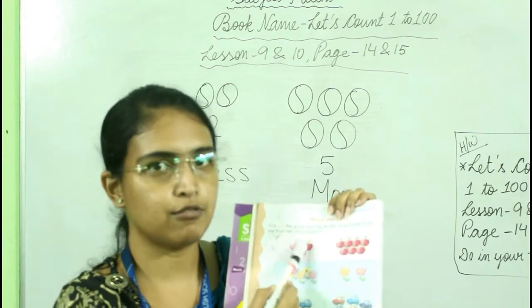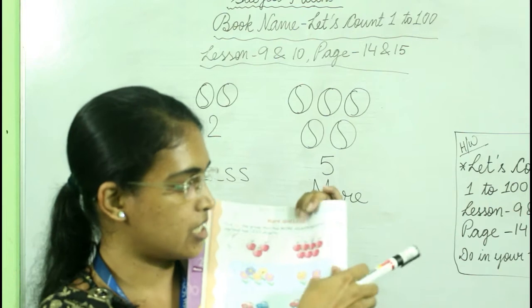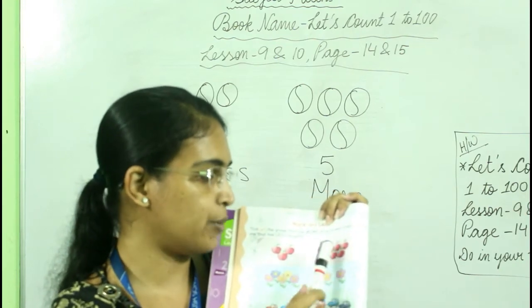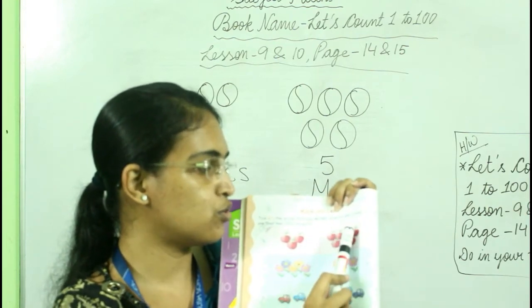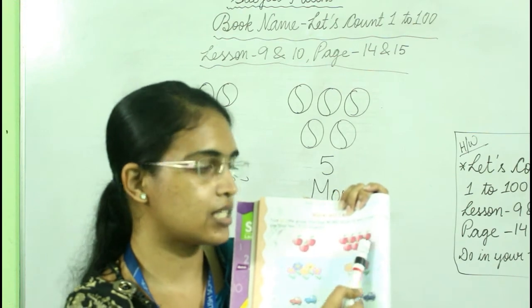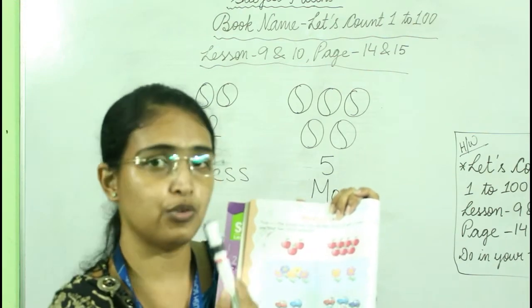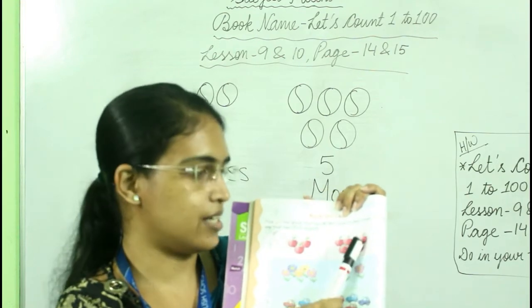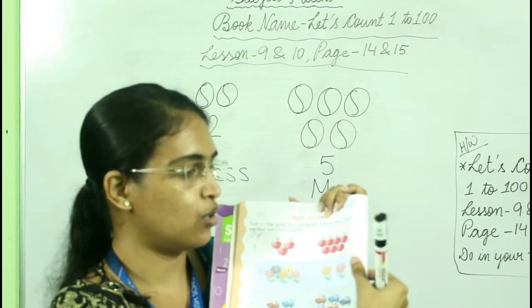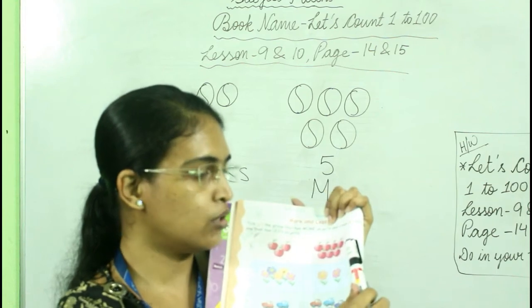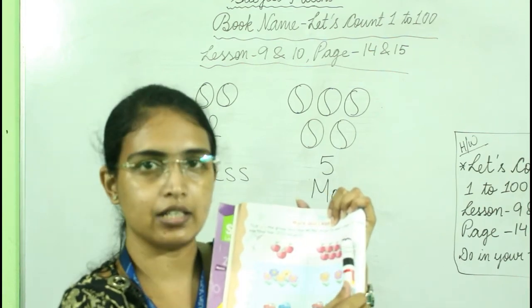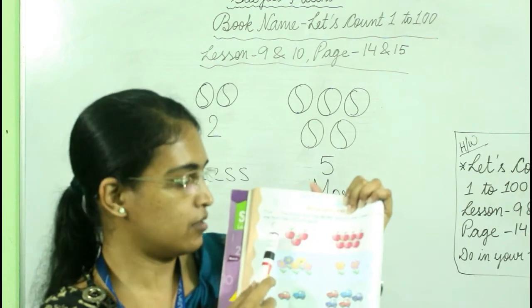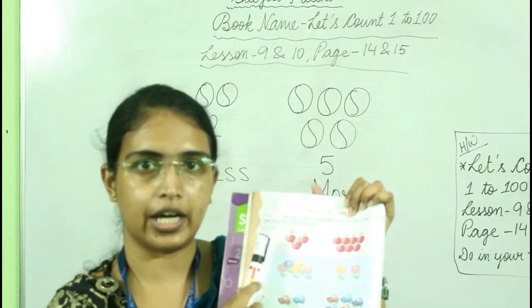In this side we have 3 apples and in this side let's count how many apples. 1, 2, 3, 4, 5, 6, 7. 7 apples. So where we have more apples? Here or here? Yes, in this side we have more apples. So that's why we have to put a tick mark in this circle. Okay, and we have to put a cross mark in this circle.